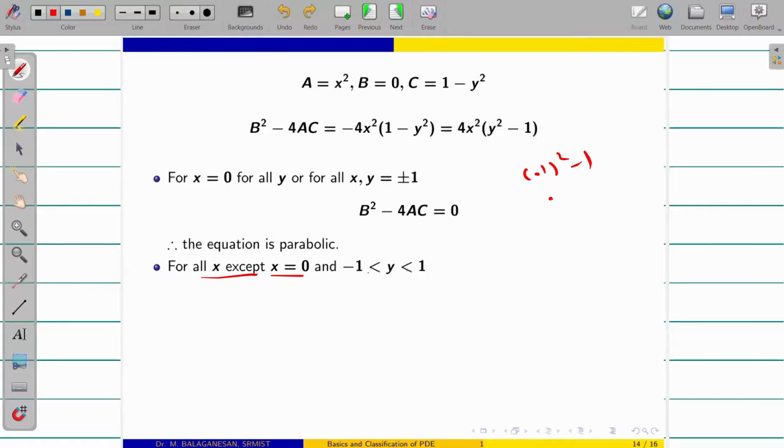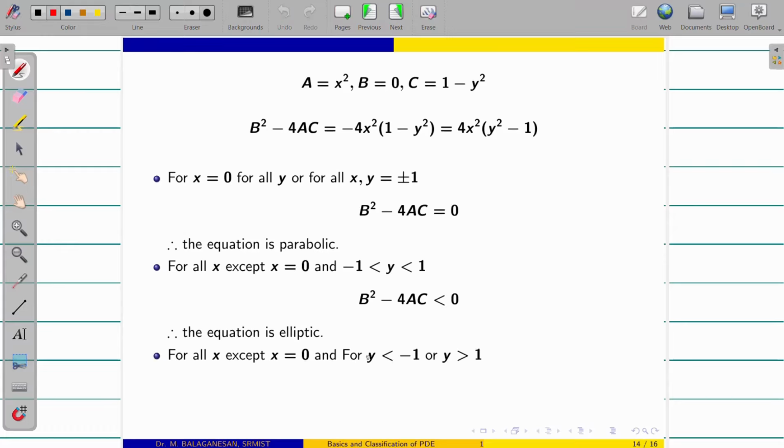If you give minus 0.1 square minus 1, it will also be negative. Am I right? Minus 0.1 square will be positive, and then 1 is bigger, so you get a negative value only. Always it will be negative. That is less than 0, meaning negative. Then it is elliptic.